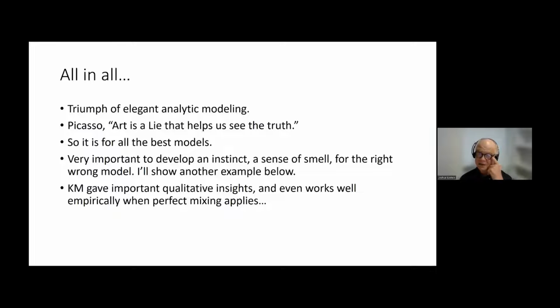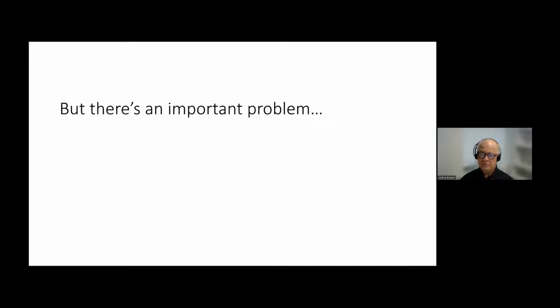Box said, all models are wrong, but some are useful. And I'll show several other examples of this below. But it gave very important insights, and it also works very well empirically when perfect mixing applies. And there are lots of data sets where children mix well, and you get a very good fit to the Kermack-McKendrick picture. All right, clear?